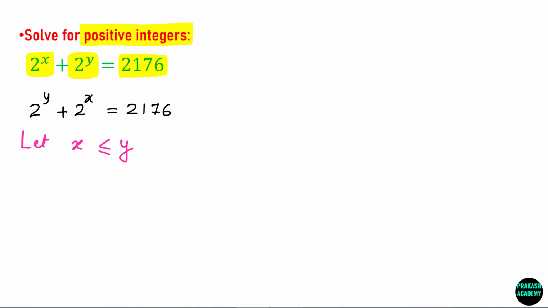Let us say y is equal to x plus k. And you see x, y are positive integers. This means x and y belong to natural numbers. This means k also belongs to natural numbers. So x, y, k all belong to the natural number set.